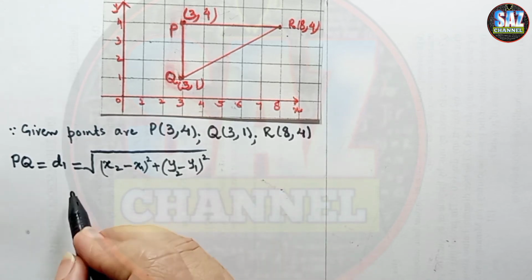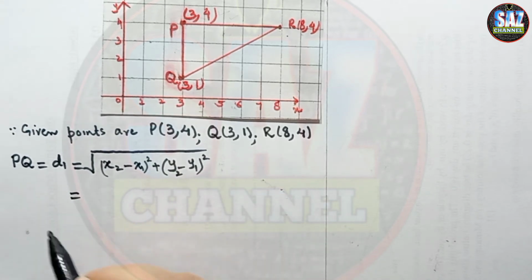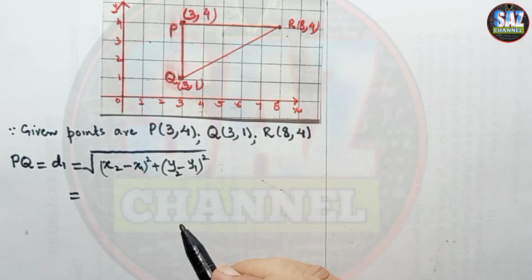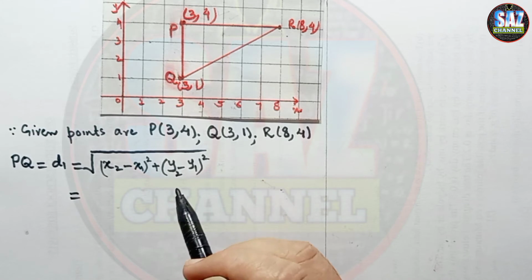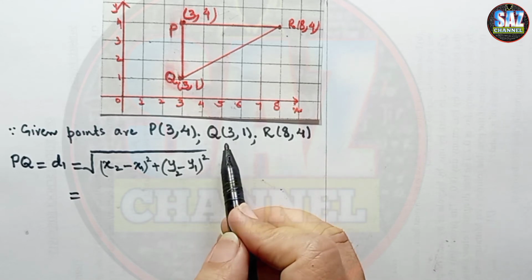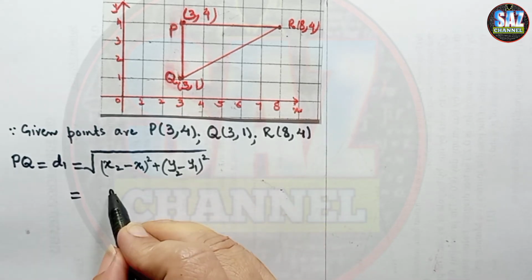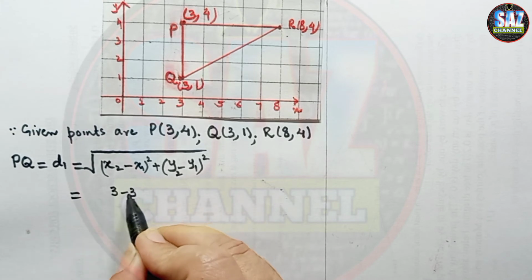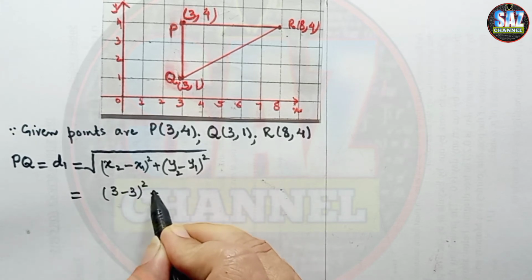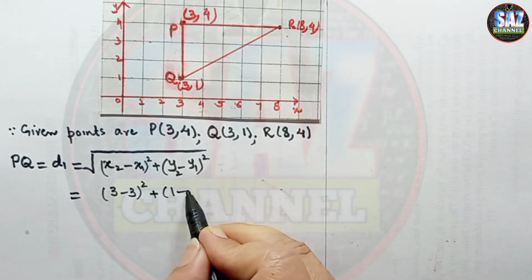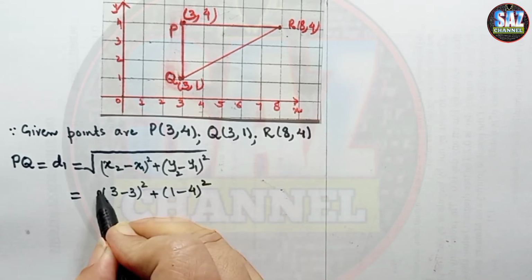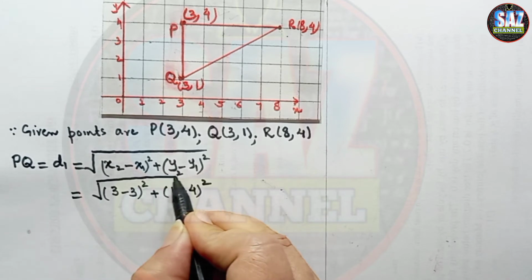I'm going slow in these lessons because some of my students were finding difficulty in understanding them, so that they can understand the lesson well before the exam. (x2 minus x1) whole square gives me (3 minus 3) square, plus (y2 minus y1), (1 minus 4) whole square, and then I put the square root symbol.